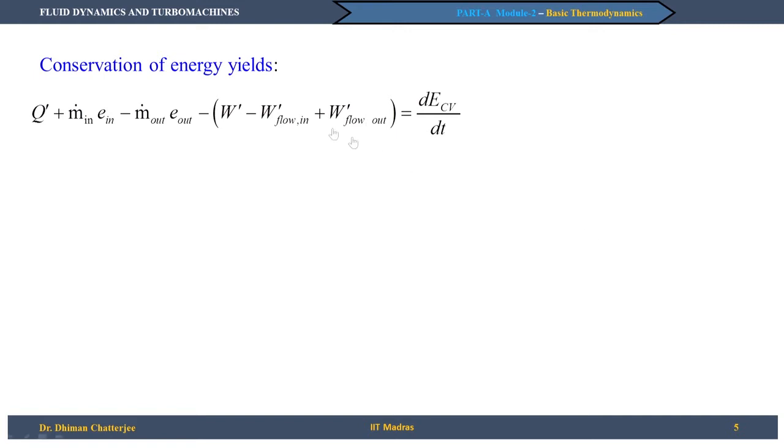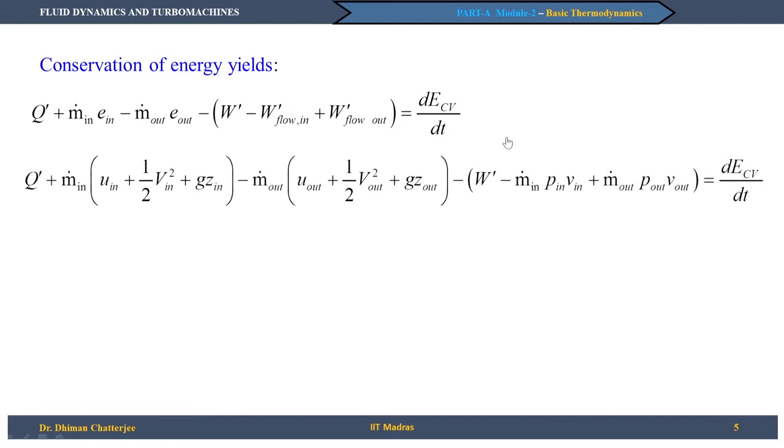So, if we put this in along with the expressions for flow work we have done so far and rearrange it, we get Q prime plus m dot in U in plus half V in square plus Gz in minus m dot out U out plus half V out square plus Gz out minus W prime minus m dot in P in V in, that is the flow work for the inflow, plus m dot out P out V out is equal to the net change in the energy in the control volume, dECV dt.